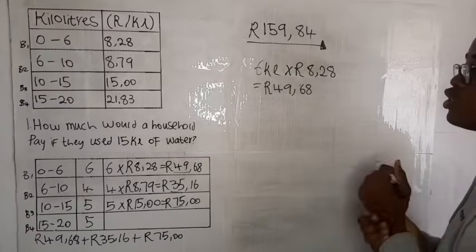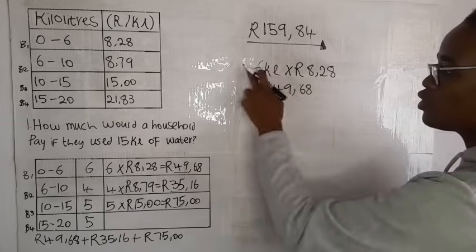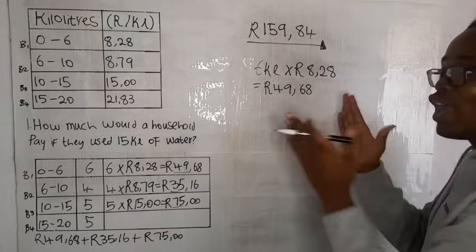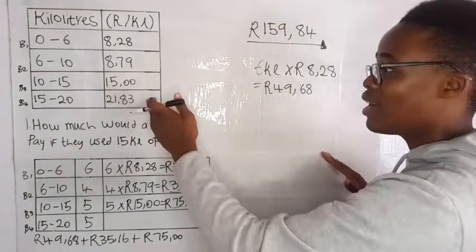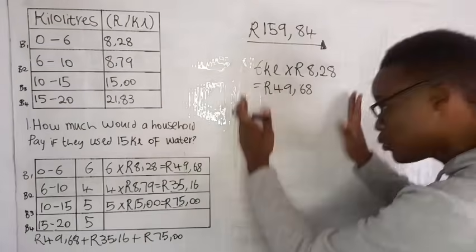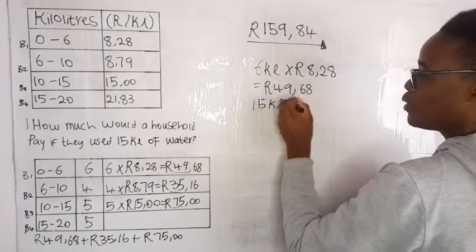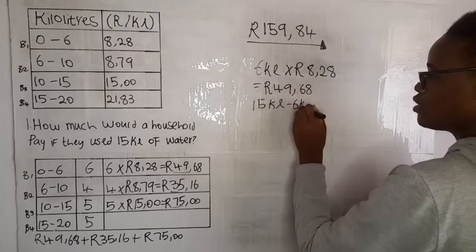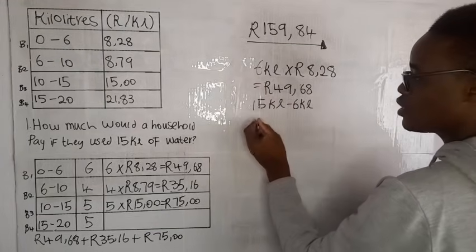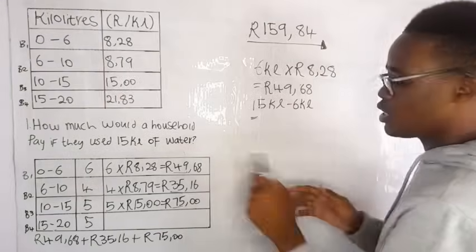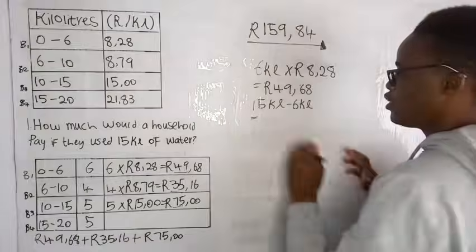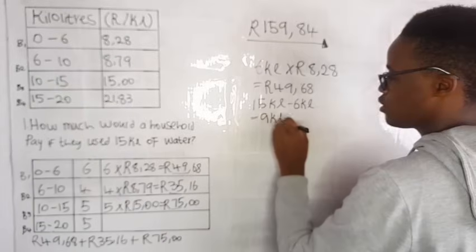Since you've calculated the amount for the first 6 kiloliters, you can do that thing we did on the scribbler with the answer. You say 15 kiloliters minus the first 6 kiloliters, because we already know the price for it, and you're left with 9 kiloliters.